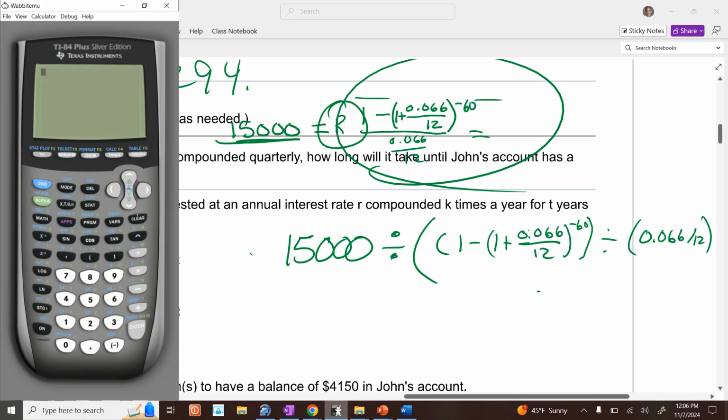I'll clear, because mine is an older calculator and it might not be able to do some highfalutin math. 1 minus parenthesis 1 plus 0.066 divided by 12 parenthesis raised to the negative 60th power, parenthesis, divided by 0.066 divided by 12 parenthesis, equals.